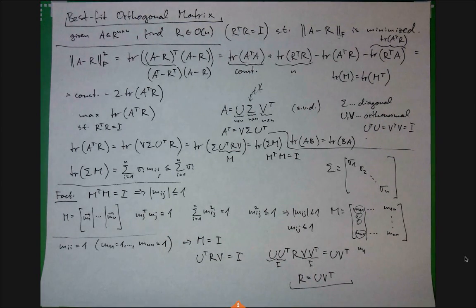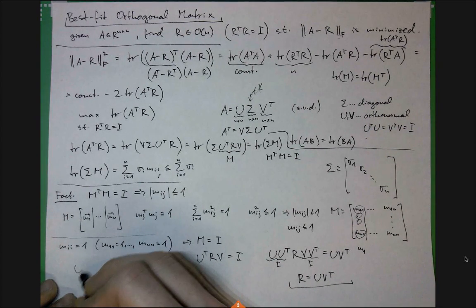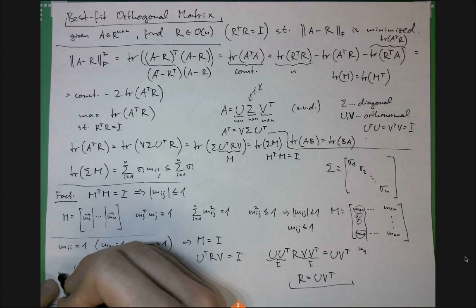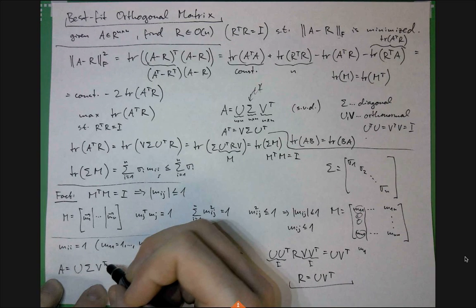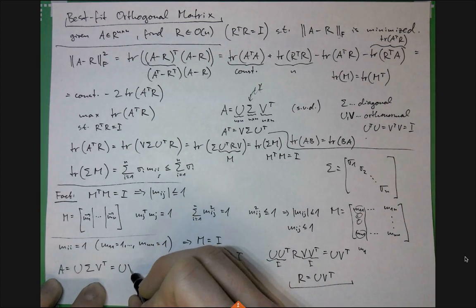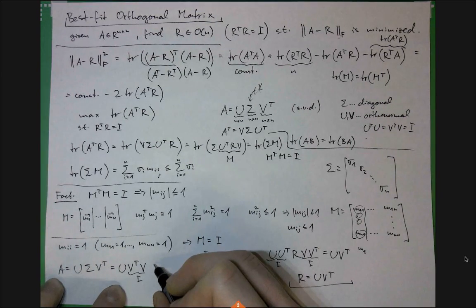I promised to explain how it relates to polar decomposition. Polar decomposition you can get from singular value decomposition quite easily. So if I have the SVD of A being U sigma V^T, what I can do is just put here V^T V, because V^T V is identity, right? It's not changing anything.